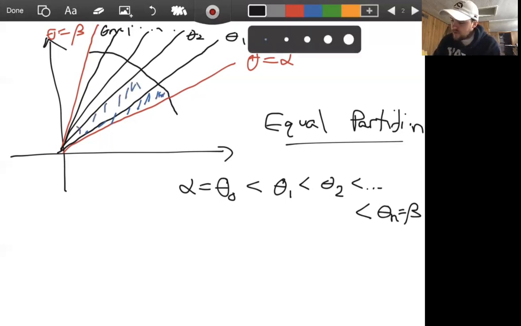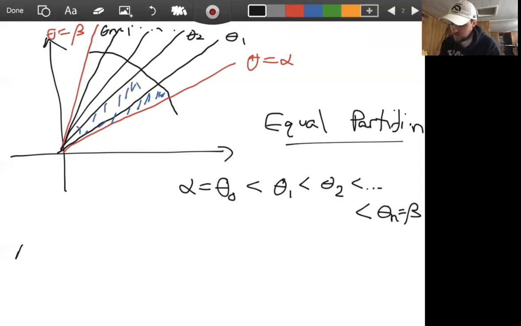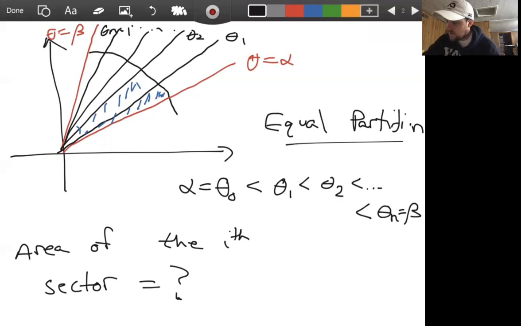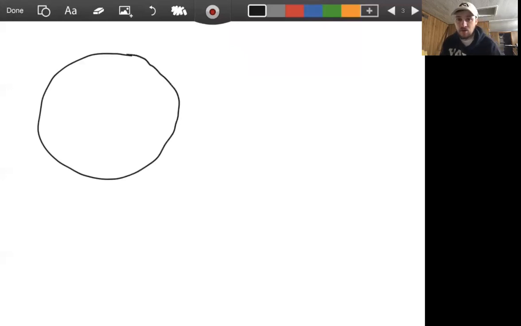So let's see if we can come up with a formula for the area of a sector. Let's look, so for the area of the ith sector equals what? Well, let's take a look here. Let's just go to the general case for a second.